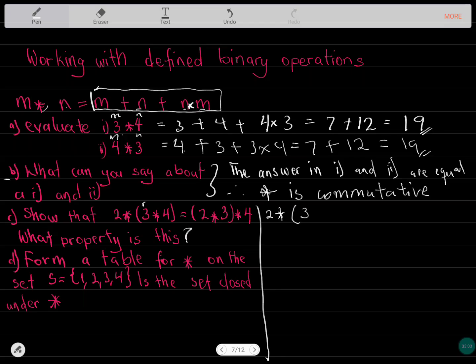So over here 3 is m, 4 is n. And keep in mind that we already solved 3 star 4 and that gave us 19. But we are going to use the same approach. So that would be 3 plus 4 plus 4 times 3.